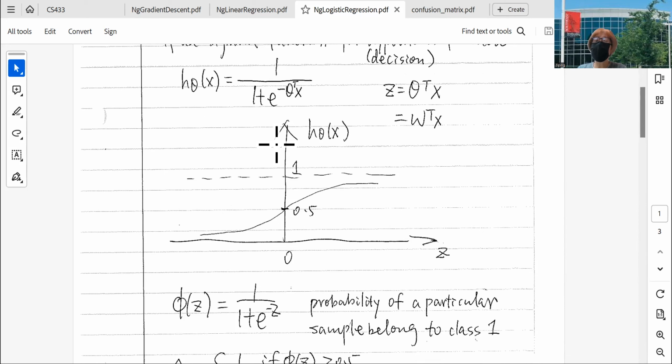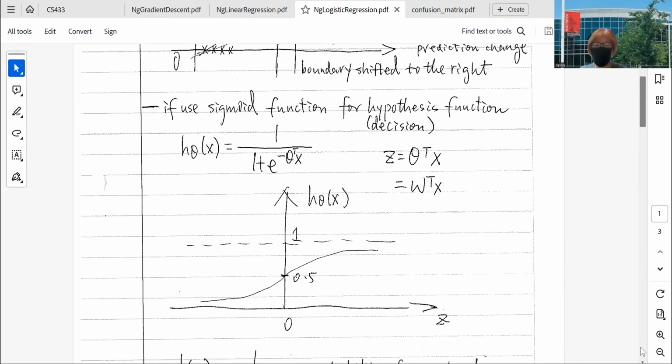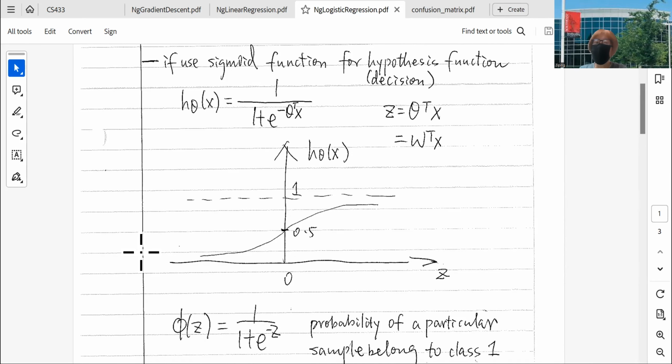So this is the decision function. Previously, this was the decision function. Now it's changed to this. And what will the line look like? The line will look like this.